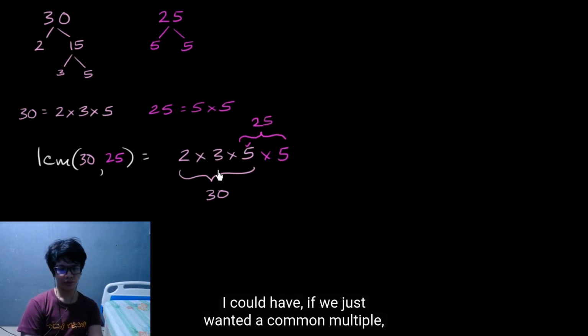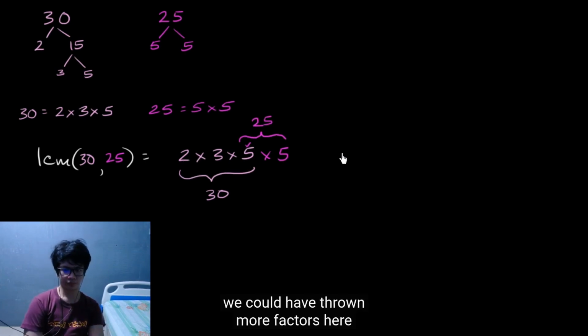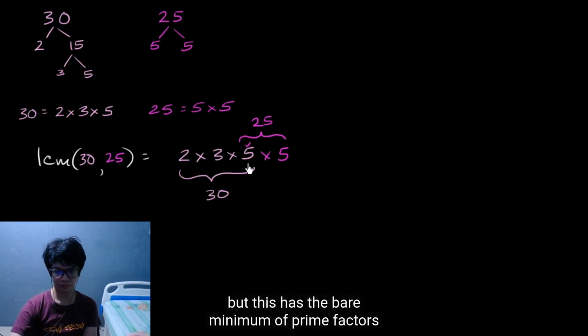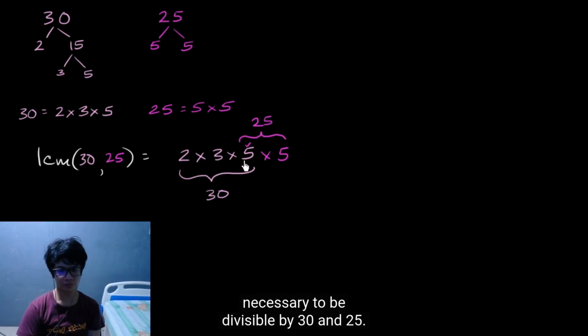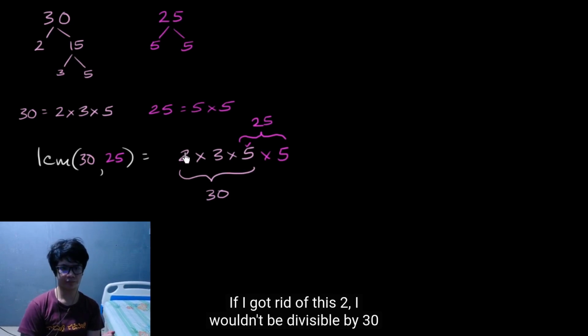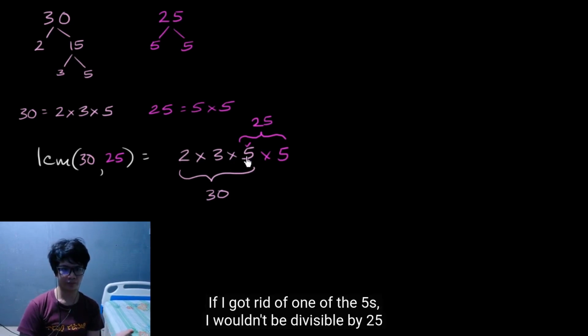If we just wanted a common multiple, we could have thrown in more factors here, and it would have definitely been divisible by 30 and 25. But this has the bare minimum of prime factors necessary to be divisible by 30 and 25. If I got rid of any one of these, I wouldn't be divisible by both anymore. If I got rid of this 2, I wouldn't be divisible by 30 anymore. If I got rid of one of the 5s, I wouldn't be divisible by 25 anymore.